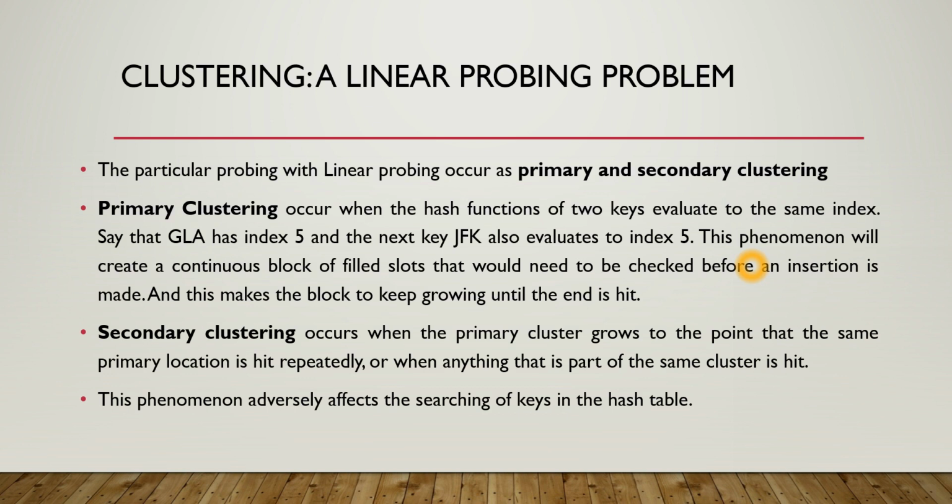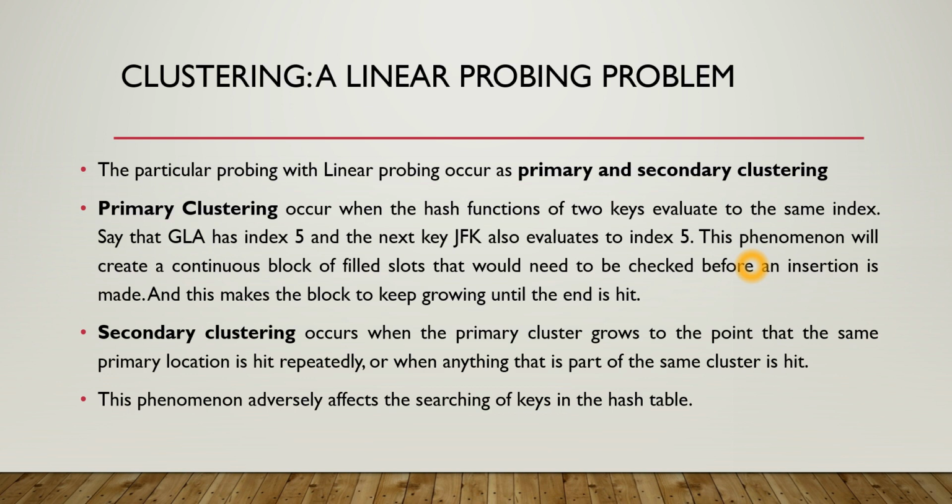Now, when you use the backtracking methodology to place these values, this phenomenon will create a continuous block of filled slots that will need to be checked before an insertion is made. And this is because the block keeps growing until it hits the end. Okay, so that is when we have primary clustering.